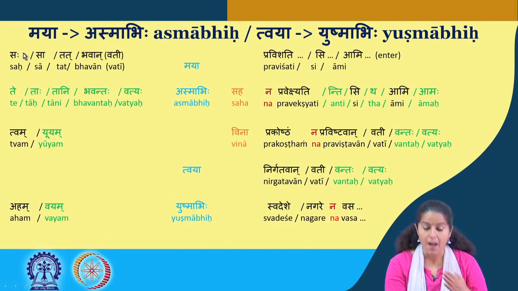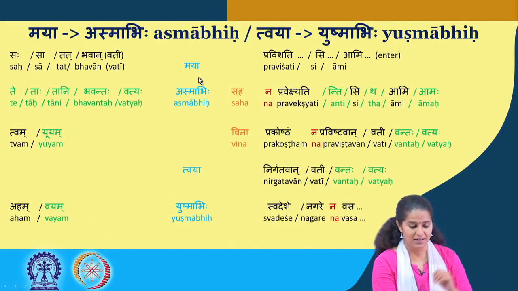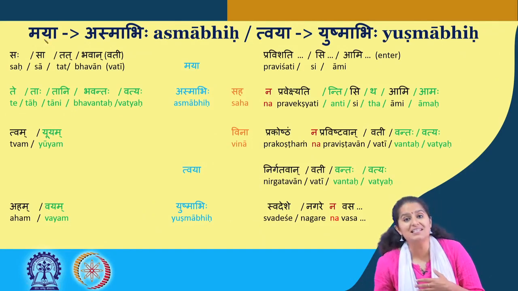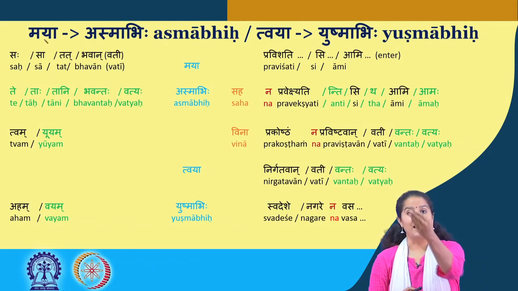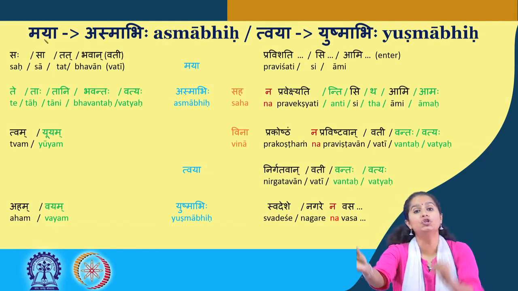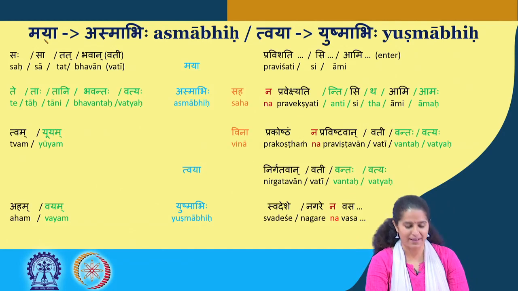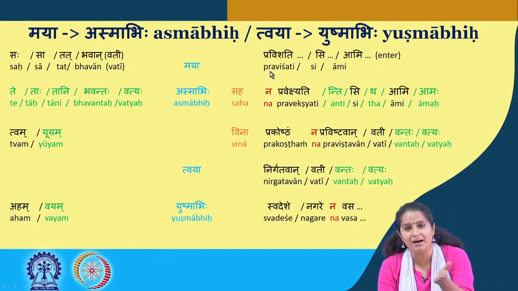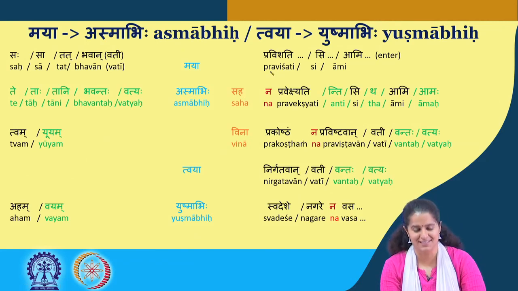So, saha, maya saha. Here we have maya saha. What happens to maya in the third case? It becomes asmabhihi and tvaya becomes yushmabhihi. Let's apply that. Saha maya saha pravishati, enters.